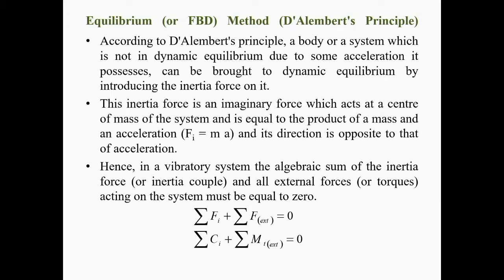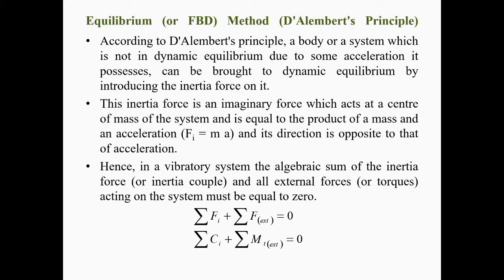A system is said to be in dynamic equilibrium if the velocity of the body remains constant under the action of all the external forces acting on the system. In this case it is also not going to accelerate and the velocity remains constant, so the system is said to be in dynamic equilibrium.